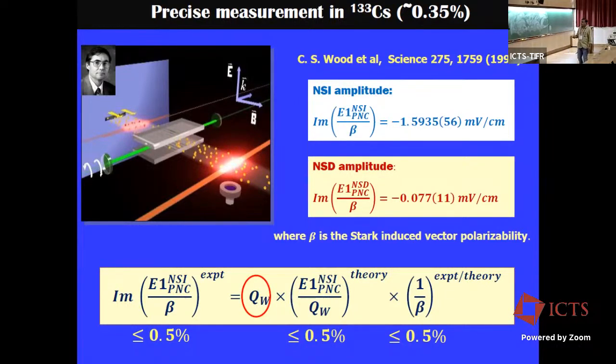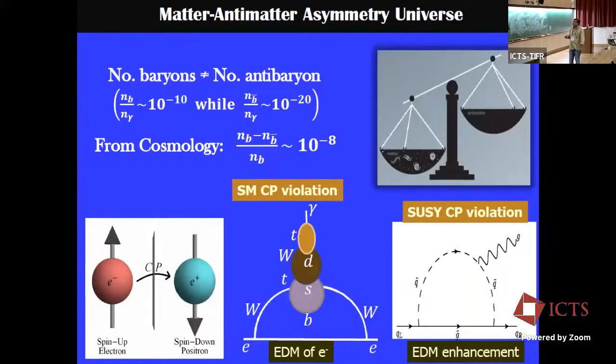This quantity can be either calculated at 0.5%, or you can extract it from the experiment within 0.5% accuracy. Then by combining these three quantities, we can extract the value of QW. Now you compare this QW value with the standard model value, and if you see some difference, that will help you to interpret the BSM physics.